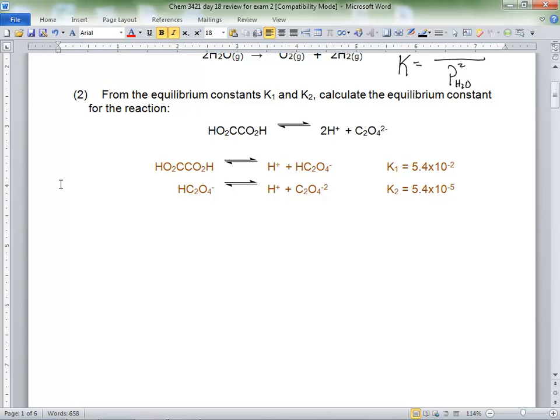But if you don't remember that, you might actually just have to write the equilibrium constant, write what K1 is, write what K2 is, and then if you multiply them together, you'll see that those factors of hydrogen oxalate cancel. So it's just K1 times K2. And then you'll end up with the K for what's up above. Okay, it actually does work.